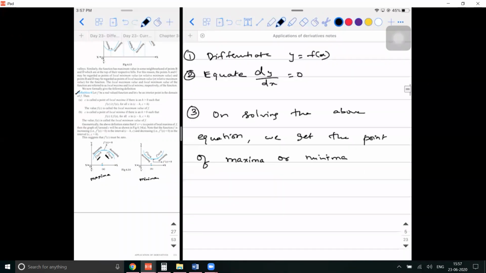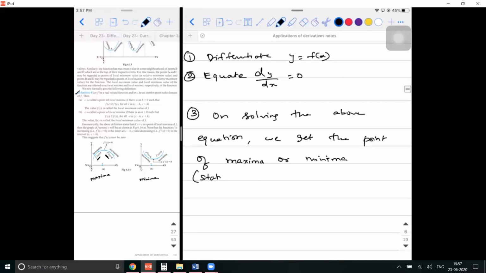To put it in simple terms, we call that a stationary point. This is the step after which you need to be careful.